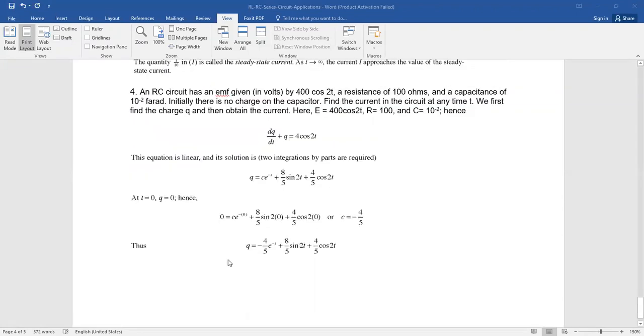So take note, class, even if you're given an RC circuit and you are asked for the current, start always with the fundamental DE in terms of the charge. Because the answer that you will be getting later on for the charge will lead you to the current. Because all you need to do is differentiate.